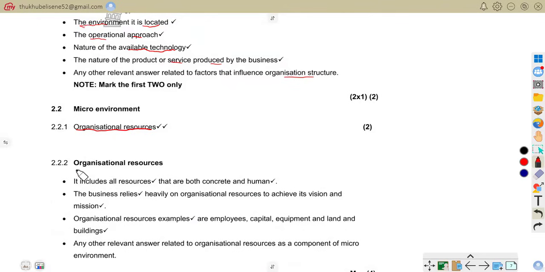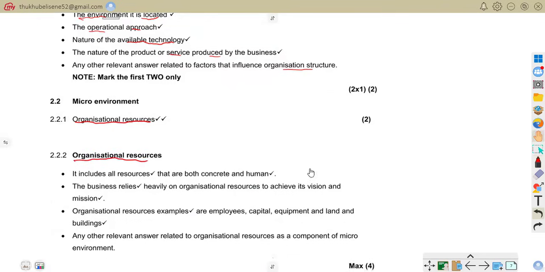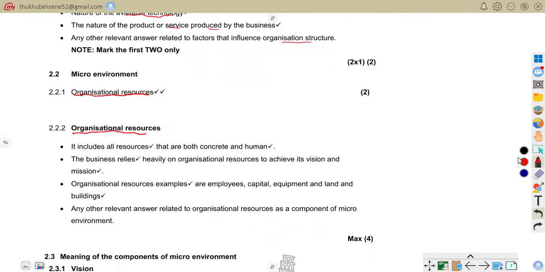So here we are on organizational resources. It includes all resources that are both concrete and human. Resources that are owned and controlled by the business that are used to operate effectively.